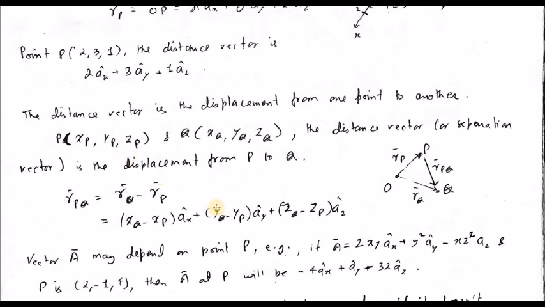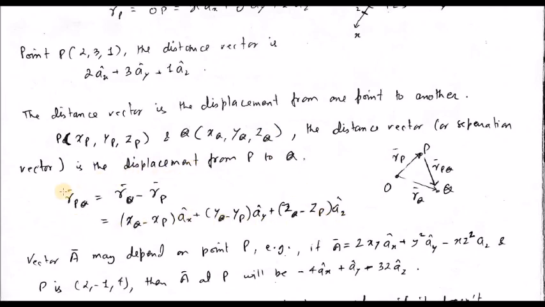In vector summation or subtraction, we do it component-wise. So it will be (xq minus xp) ax plus (yq minus yp) ay plus (zq minus zp) az.